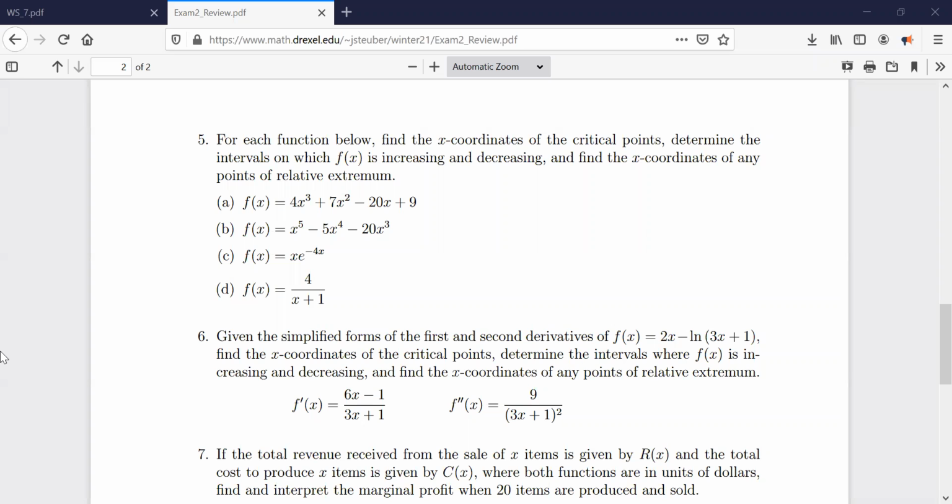So if I do the first derivative of this f of x, then this is going to be equal to 12x squared plus 14x minus 20, right?